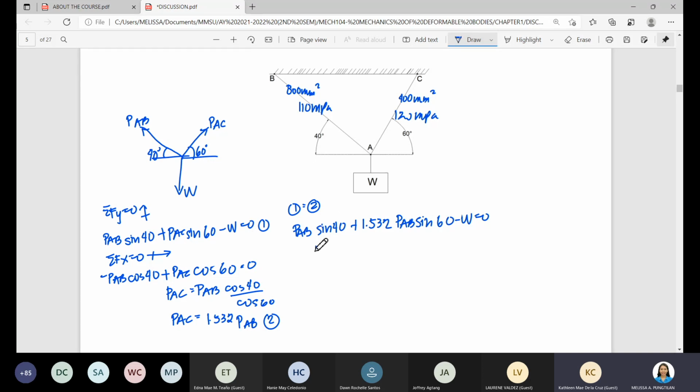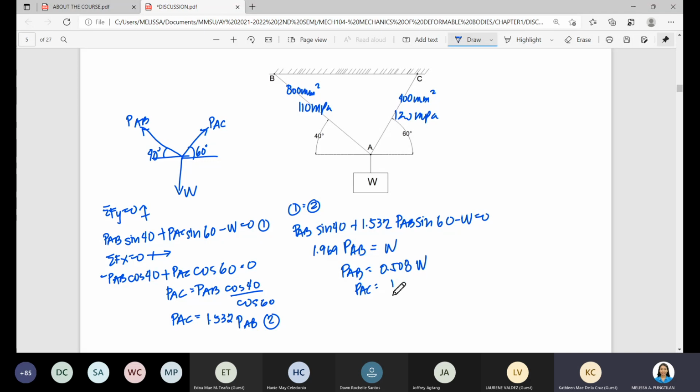So, meron tayong 1.969 PAB is equal to W. Therefore, our PAB is equal to 0.508 W. And then, substitute natin ulit dito sa PAC.